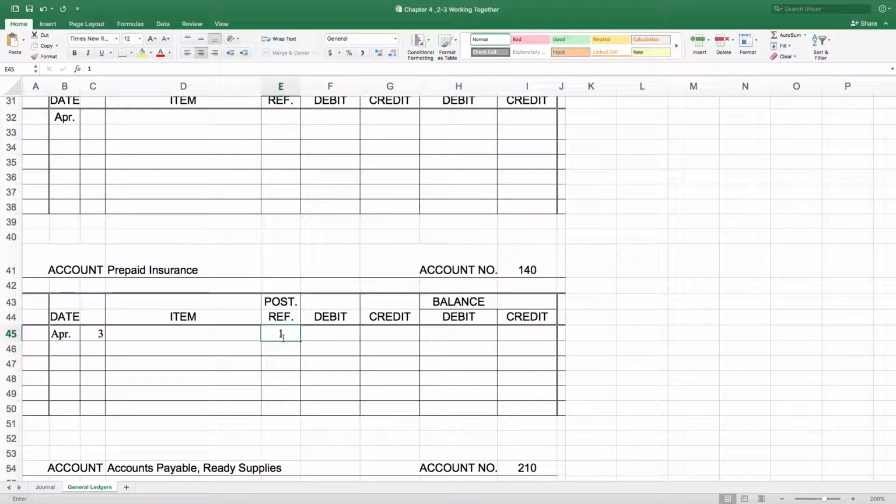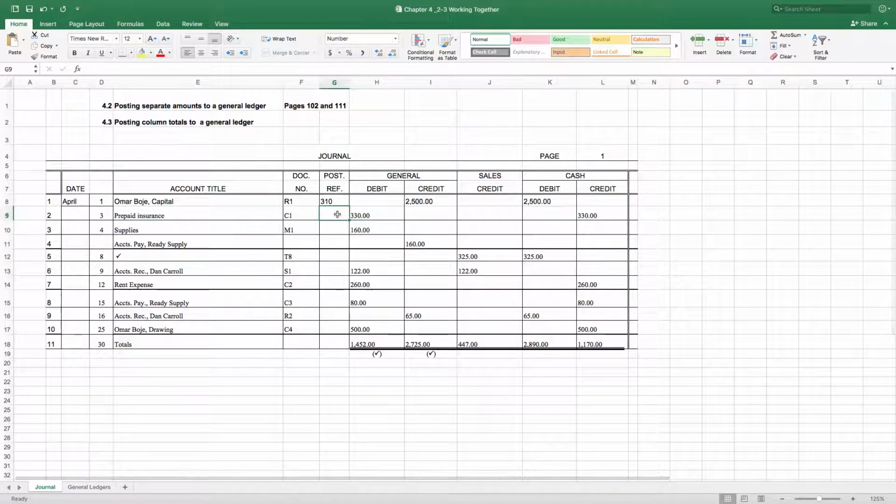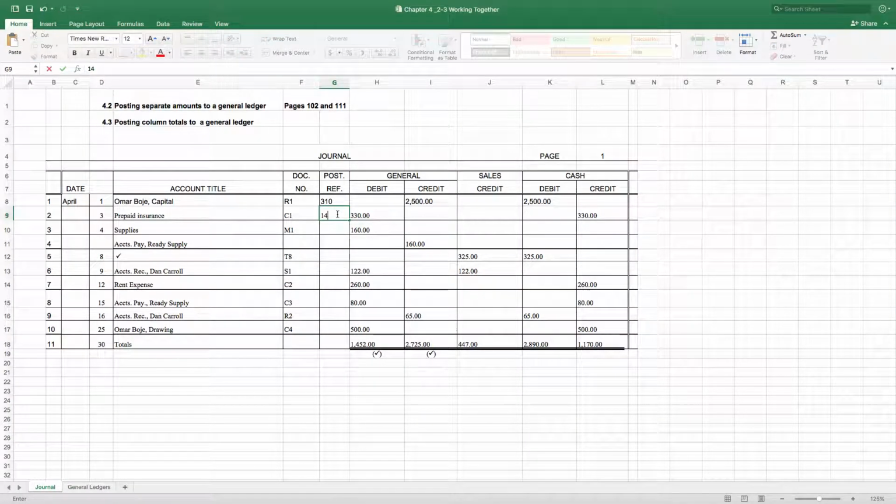That's the 3rd, post reference section, $330 debit. And now it has a $330 debit balance. We will post the account number of prepaid insurance to the post reference section of your journal.